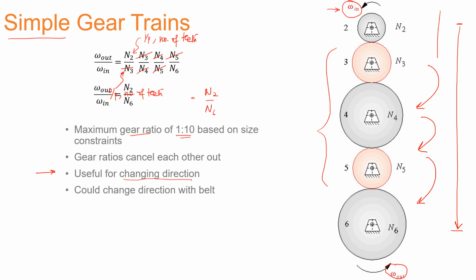You can use the belt drives if needed. The synchronous belts were discussed last time. We can possibly use those. So from practical reasons and also because some alternates are available, simple gear trains are not always the best option. And the limiting factor we have already discussed, that the gear ratio is on the lower side. So with this realization that it has certain limitations, we are going to move forward.